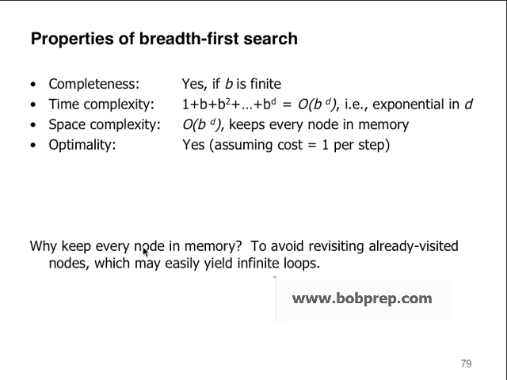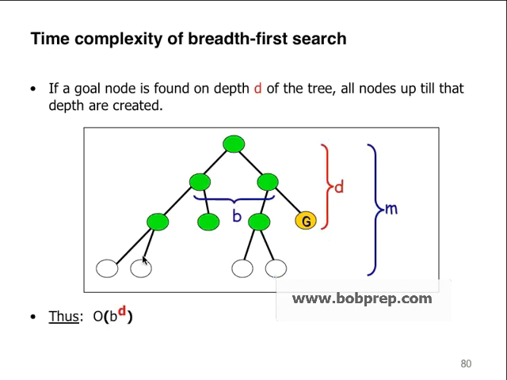So why keep every node in memory, however? This technique is just going to load everything, put all of the nodes in memory. Why do it? To avoid revisiting already visited nodes, which may yield infinite loops or be unavailable, because some of those paths aren't going to lead us to B. They're just going to lead us astray, or they're going to loop us around.